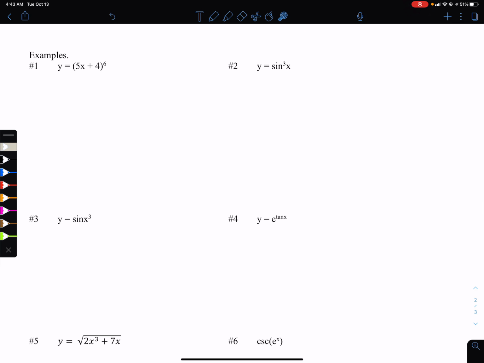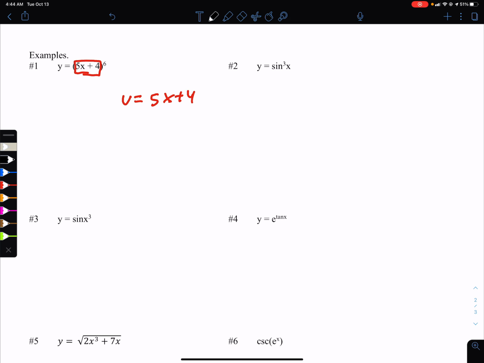So the first step, you need to recognize the inside function. So here we have a function inside of another function. Hopefully you can see that this 5x plus 4 is on the inside. So because of that, that's my u, the inside function. U will be 5x plus 4.